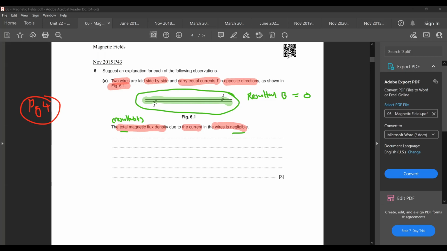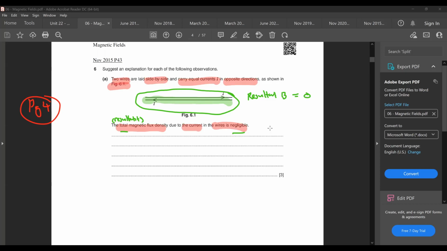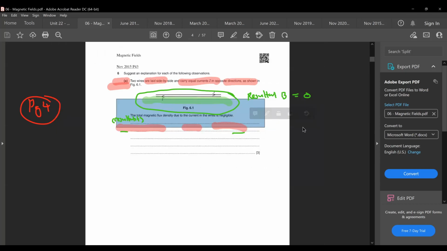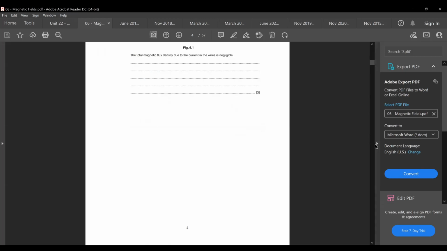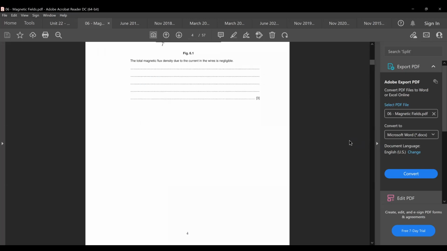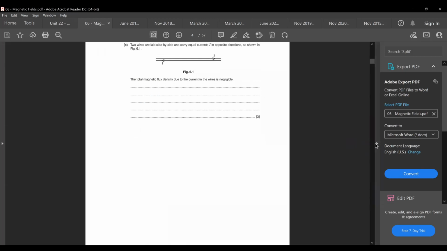Let's go with this one, just to show you something. I need to draw on the diagram, so let me draw this on your diagram first. I'll probably draw on the left and right-hand sides just to show you what's happening.